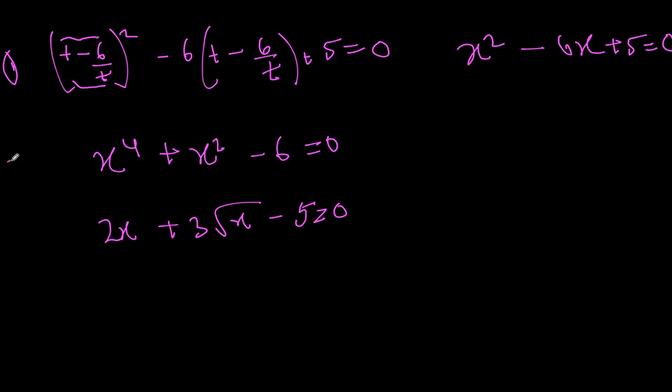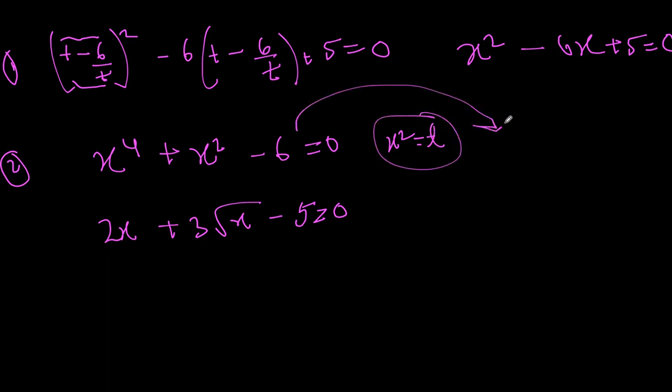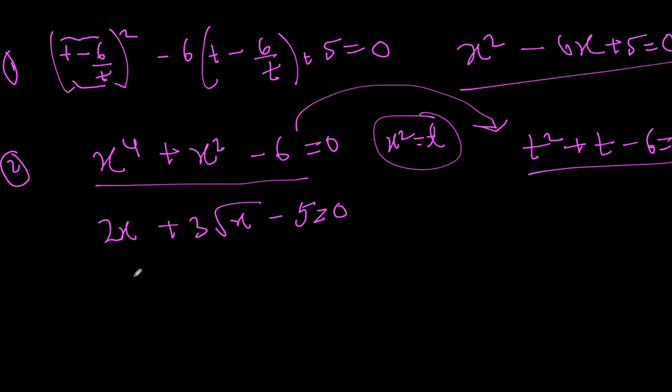For the second question, if I assume my x square as t, this expression will become t square plus t minus 6. Now it is a good quadratic equation. You can easily identify this is a quadratic equation, but here it was not possible. For the third question, if you assume under root x is equal to t, you will get 2t square plus 3t minus 5 is equal to 0.